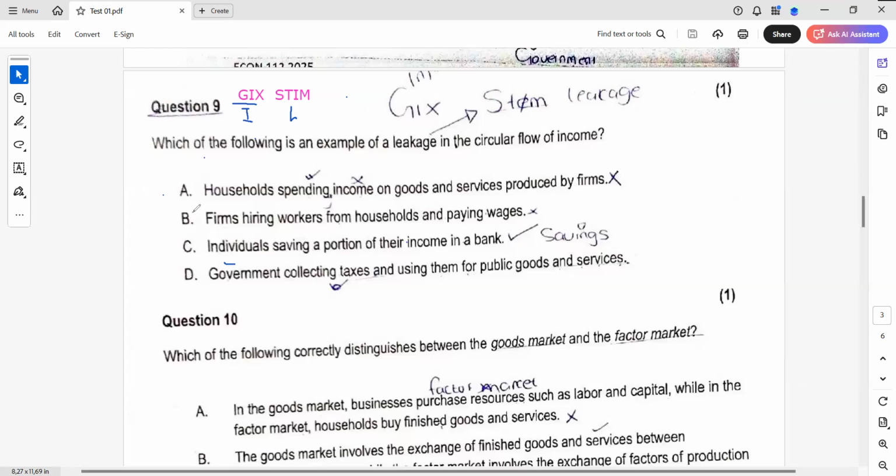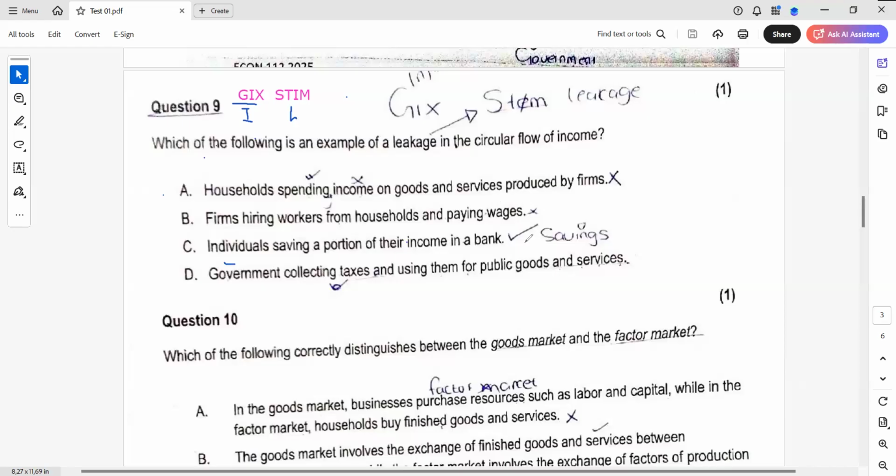And then let's look at number B, firms hiring workers from households and paying wages. So they're paying them these wages. They're going to use these wages to consume goods and services in the economy. I think this is an injection in the economy. So B is also an injection. Individuals saving a portion of their income in the bank.